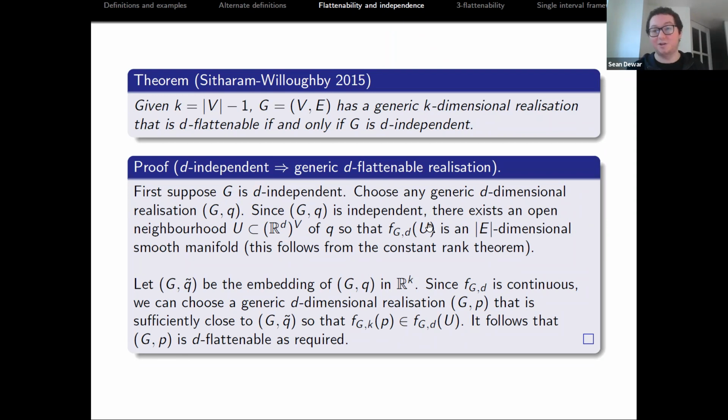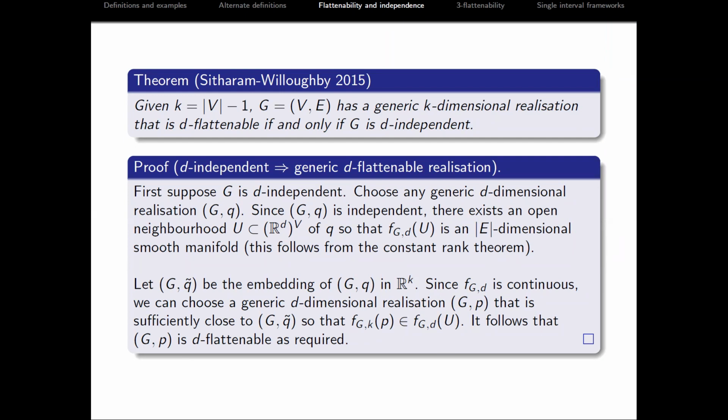That's actually not true if you're not independent. If you're not, then the proof falls apart immediately, because we can't find this open set. So we can approximate GQ tilde by GP however much we want, but it doesn't necessarily guarantee that this is going to lie inside this set like we want. So we need the independence for this part of the proof.